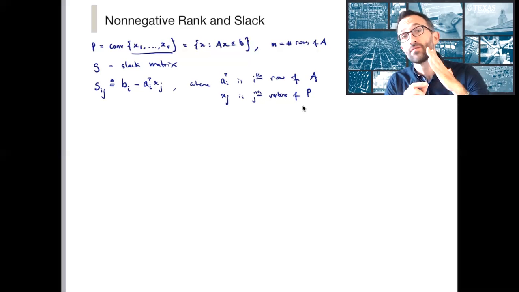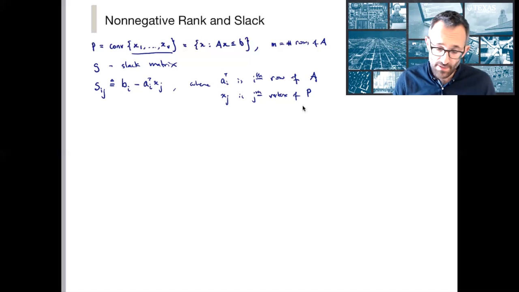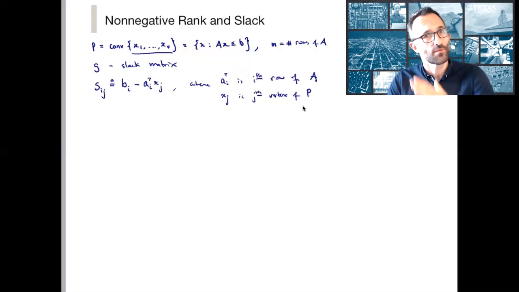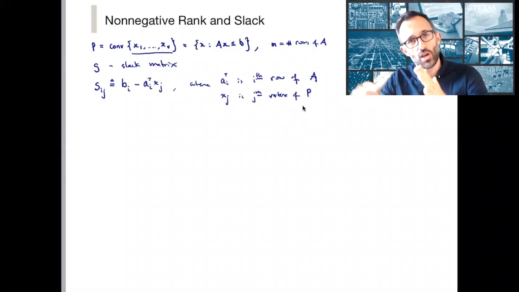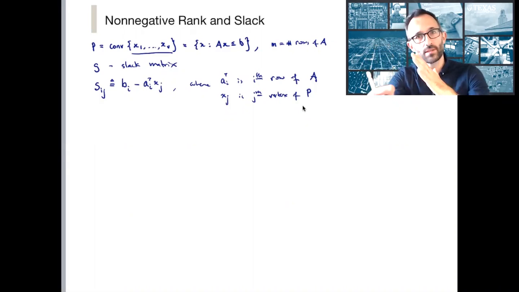It lies on that facet defined by ai transpose x equals bi. So that's a facet of our polytope, and the slack matrix is 0 for every entry where those extreme points lie on that facet.